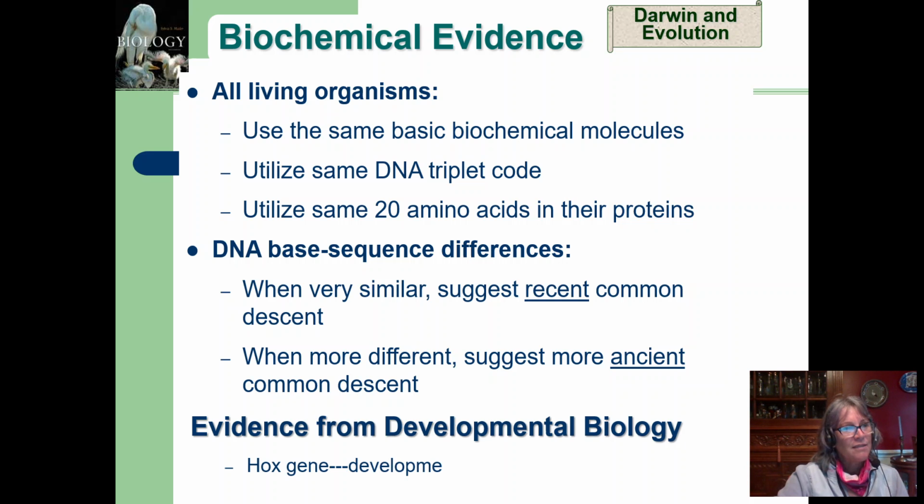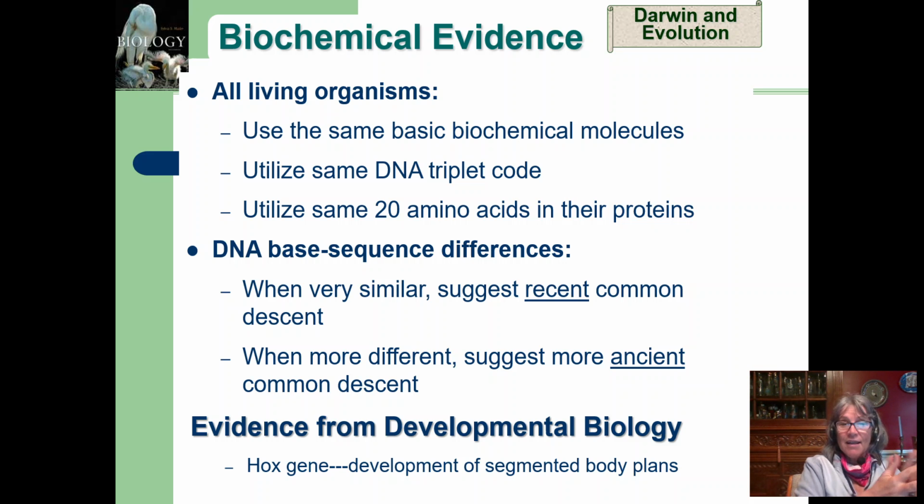And then we can look at evidence from developmental biology, now that we can look at the specific gene level and compare genes. And there are some genes that show up, and if anybody is taking 102, you'll see you start with the most simple of organisms, from bacteria, then we go into the protists.